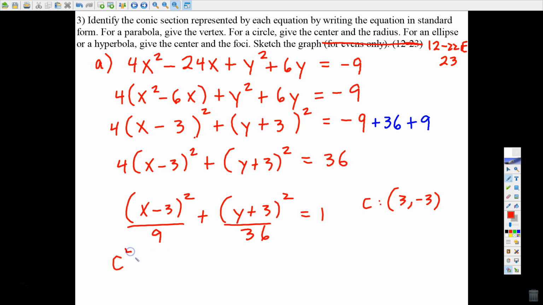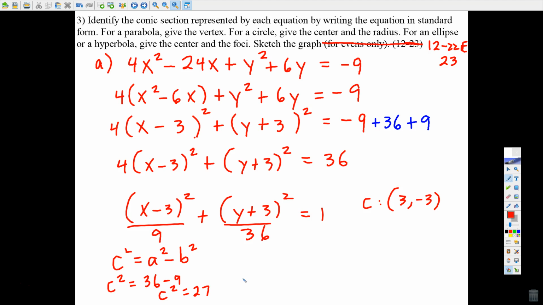We're going to use c squared is equal to a squared minus b squared for ellipses. So c squared is a squared, which is 36, minus b squared, which is 9. c squared is 27. So I'm going to have you change these into decimal form. Let's just find the square root of 27 and round it.